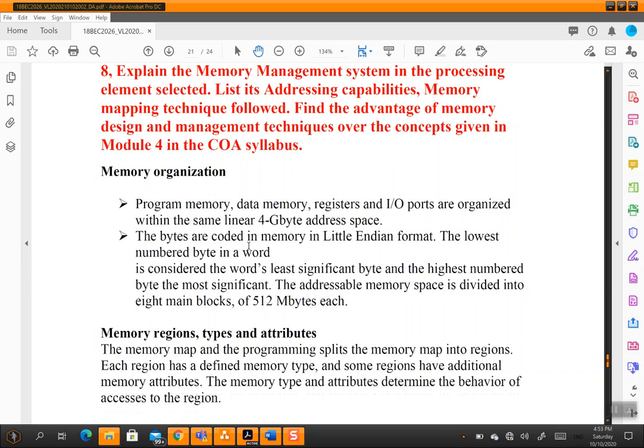The bytes are coded in memory in little endian format, where the lowest numbered byte in a word is considered the word's least significant byte, and the highest numbered byte is the most significant. The addressable memory space is divided into 8 main blocks, each containing 512 megabytes of space.